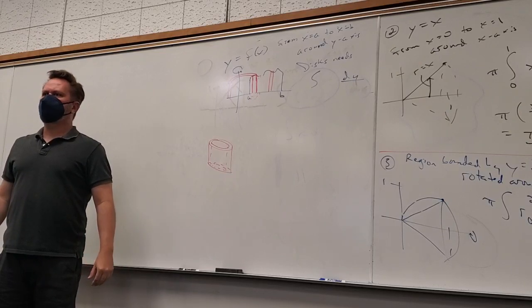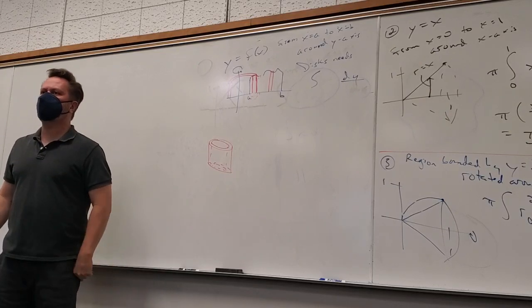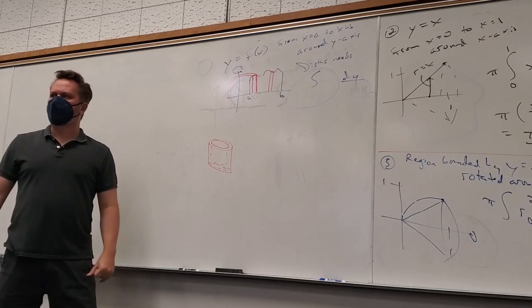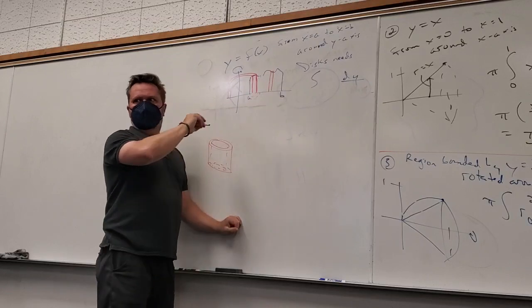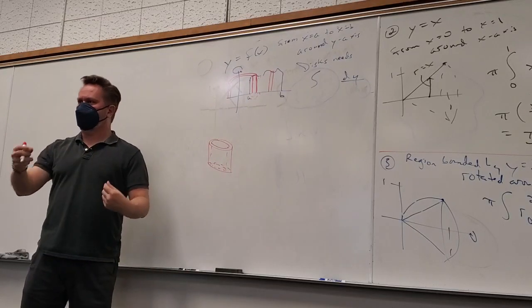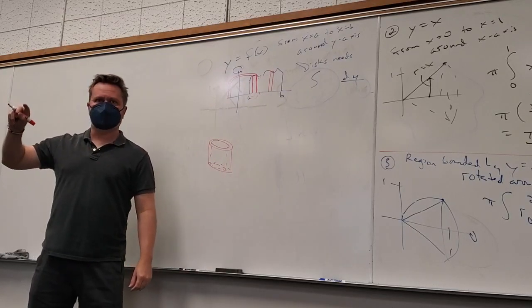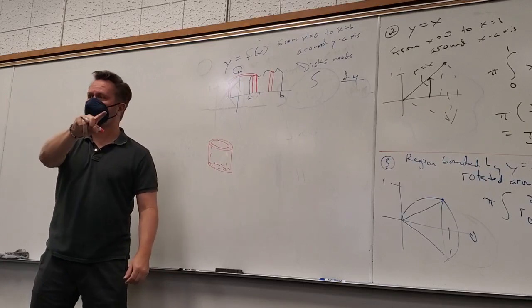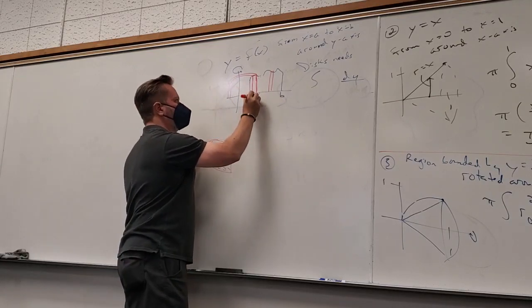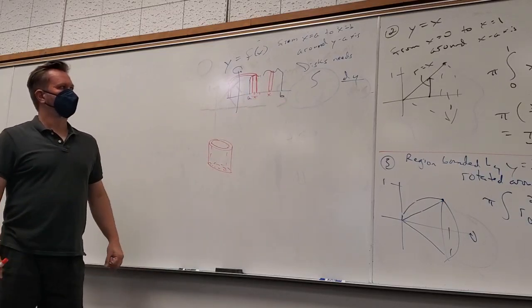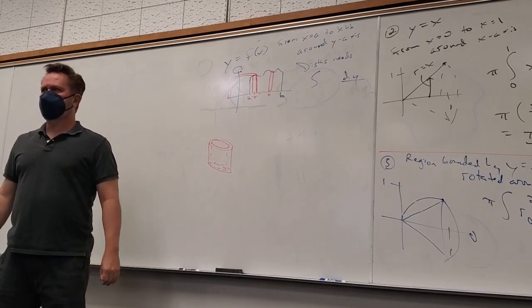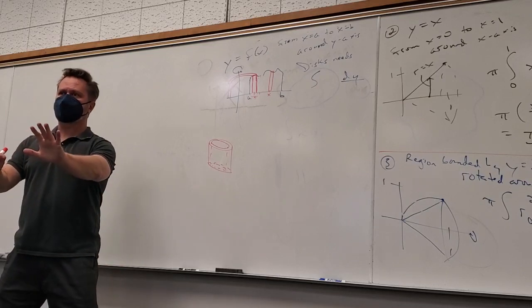Where do they all live? How did you find another rectangle? What did you move on to find another rectangle? Which axis? X-axis, yes. So I locate these rectangles on the x-axis. Stay with me now.